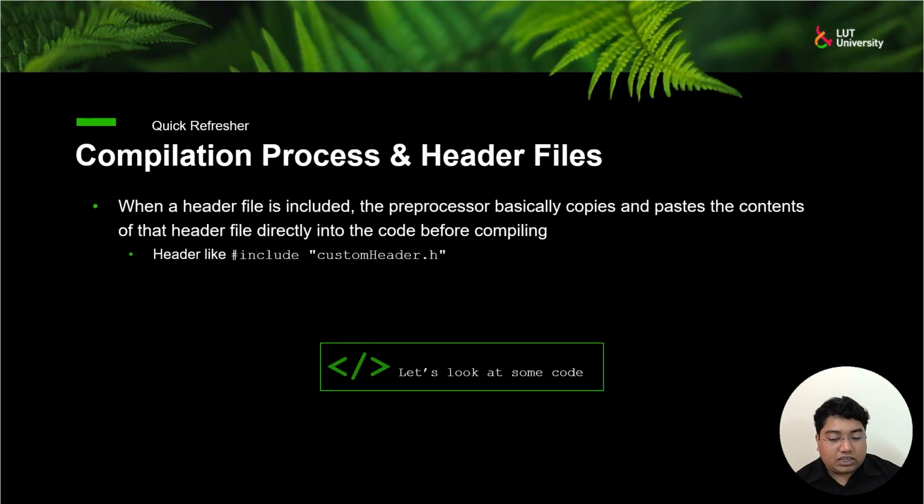Then, quick refresher part 2. We have the compilation process and header files, and what's going on there. When you write #include "custom_header.h" or something like that, the preprocessor doesn't do anything clever. It literally copies whatever text the header file had and pastes it directly into your source file.